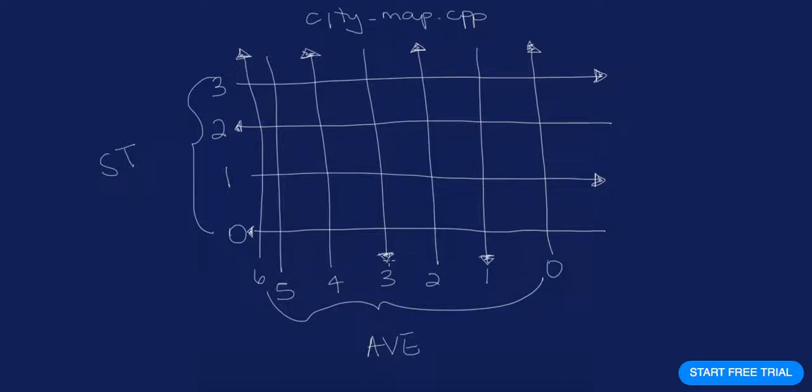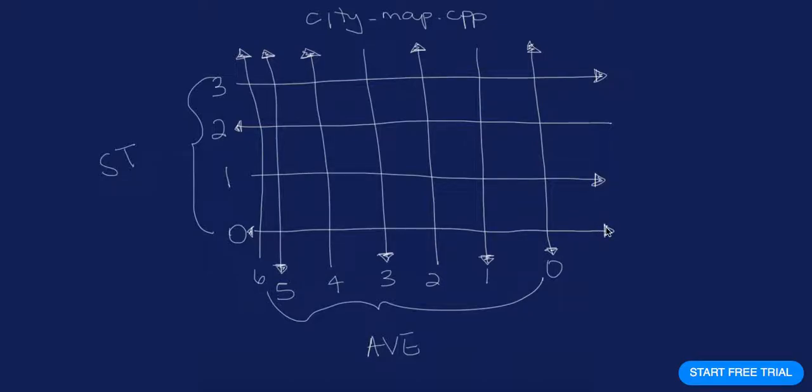Here are my odd numbers. The only exceptions to the above are avenues and streets whose numbers are multiples of 5, which go in both directions. So here we have a multiple of 5, and here we have a multiple of 5. And with my streets, I just have 0 as a multiple of 5.